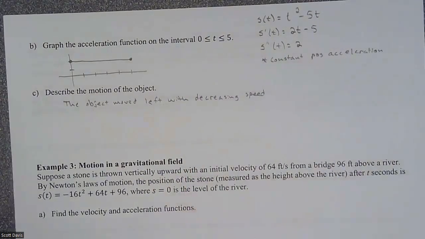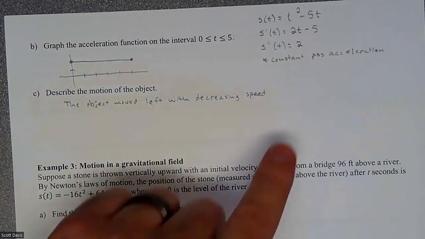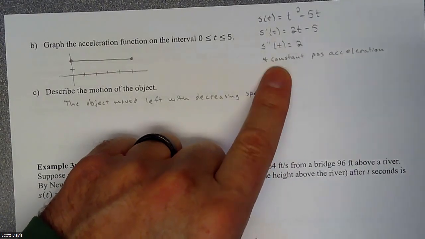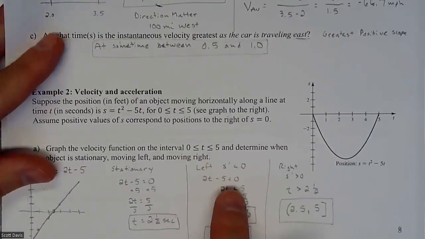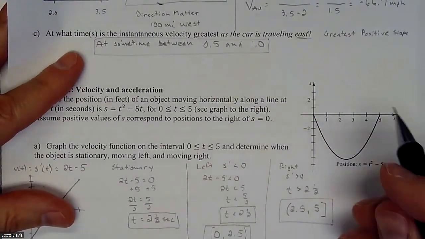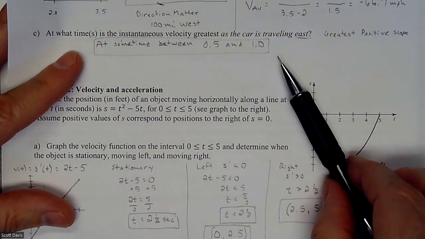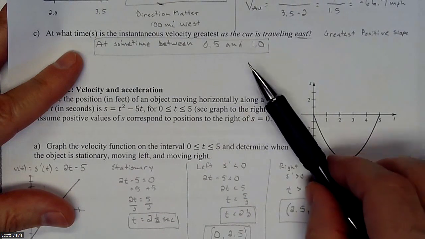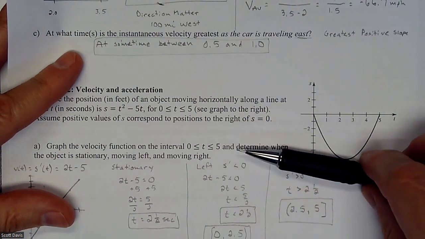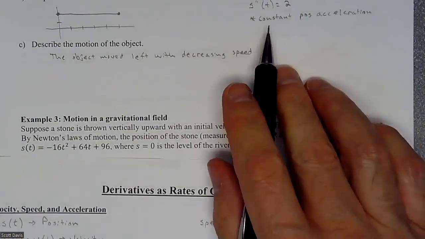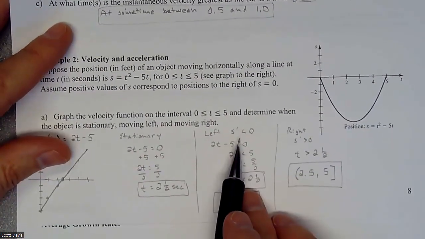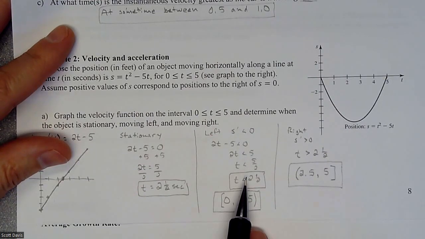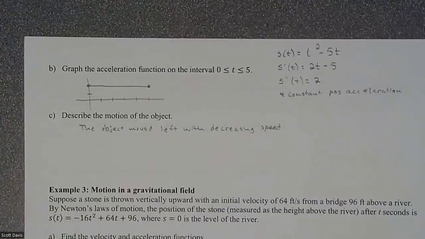If you really look at the graph, we're getting specific because your positive acceleration is slowing negative velocity down. You have these slopes that are constantly getting smaller and smaller. They are negative, but they're decreasing. That's because positive acceleration is causing negative velocity to stop. And that's exactly what happens. And so we have decreasing speed.